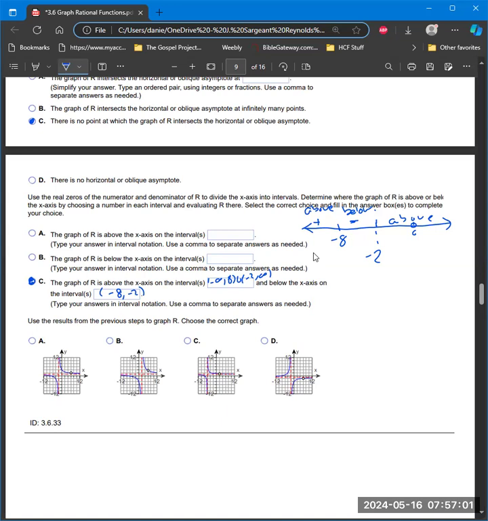And so we're going to start off above, and this is going to be kind of hard to see, but it's above. It's going to cross the x-axis. It's going to go below. Then on the other side of -2, it's going to be above. It's got that hole at 6. So this is A.